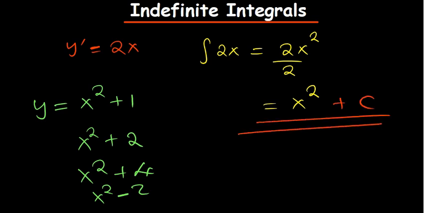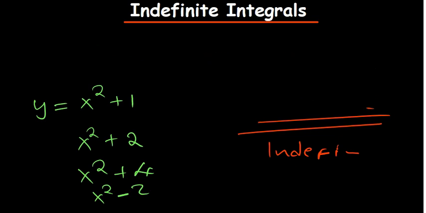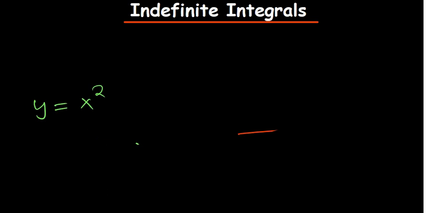This is what we call indefinite integrals, because of that constant c, which is called the constant of integration. I believe there's nothing more that you need to know about indefinite integrals, just the idea of adding a c when you integrate something. So let's look at a few examples.